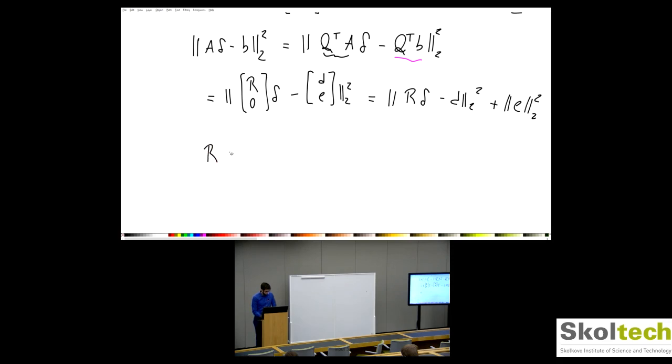So then with QR, what we get is this, right? At the end, since this is not important for optimization, we just need to solve for this, right? And this is solved just with one back substitution.